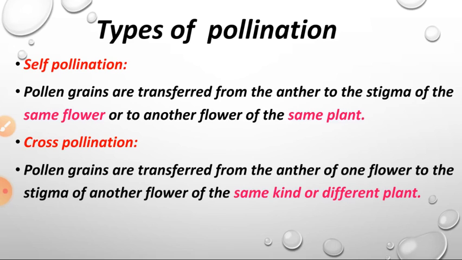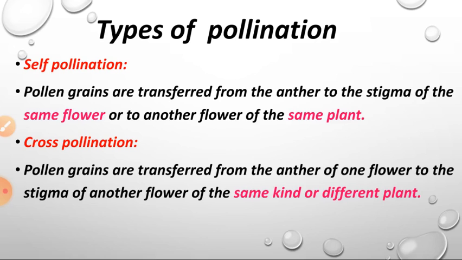If the pollen grains of the hibiscus reach the stigma of the same hibiscus flower, it is called self-pollination. Or if the pollen grains of a hibiscus flower reach another flower of the same plant, that is also self-pollination.